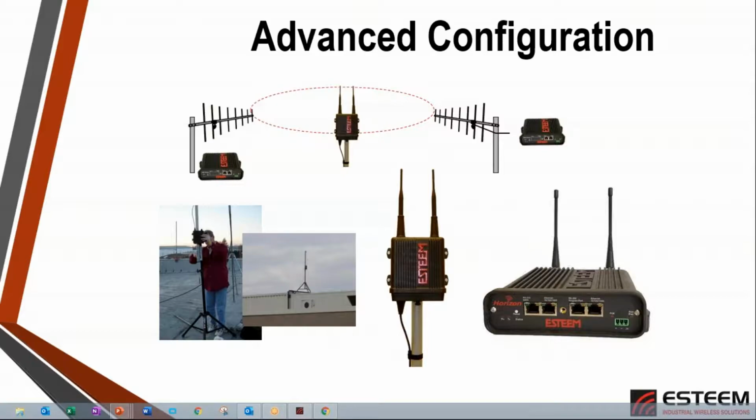We've gone into how the ESTeem products fit within this greater radio world. We've gone over the primary means of communication, the bridging, the routing, everything that has to do with the wireless Ethernet side. And now we're going to take a look at some of the details of what needs to be set within the radio to get it to function in just about any type of application.